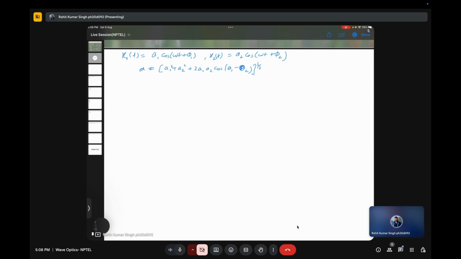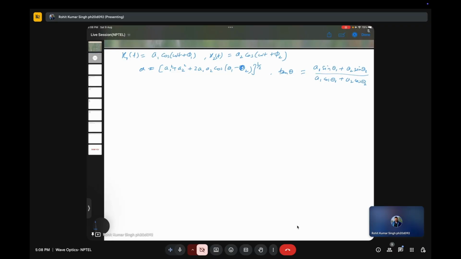Similarly, the tangent of the resultant phase is given by a1 sin theta 1 plus a2 sin theta 2 over a1 cos theta 1 plus a2 cos theta 2.